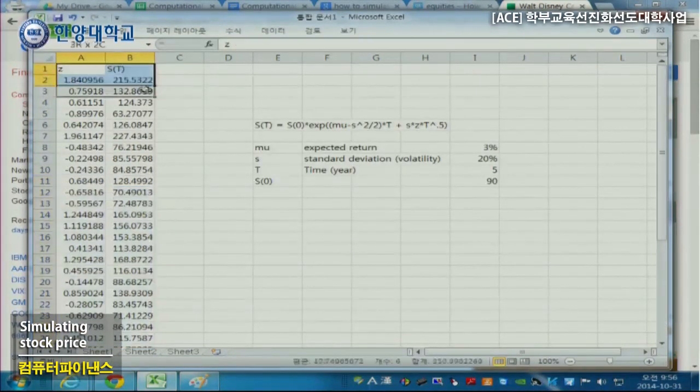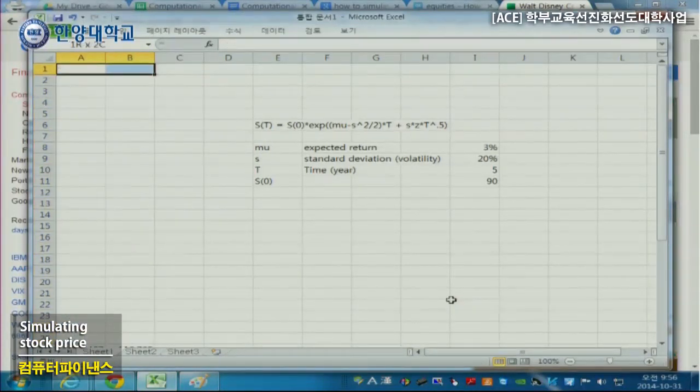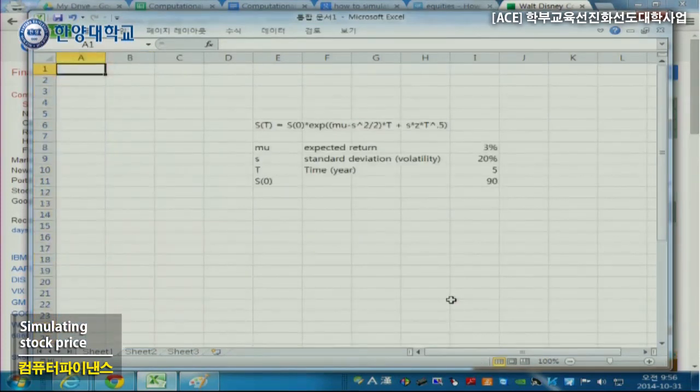And actually we can also simulate everything in one step because we now know how to simulate the standard normal distribution.